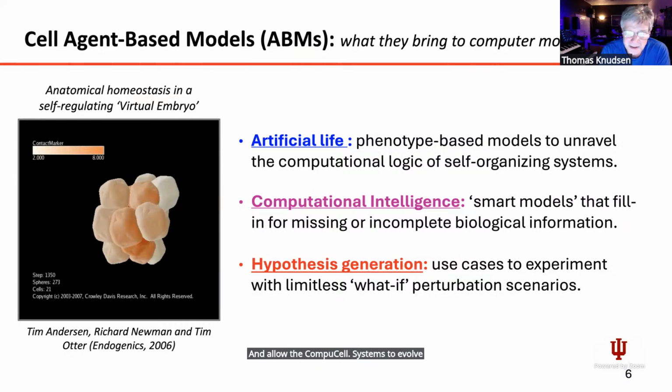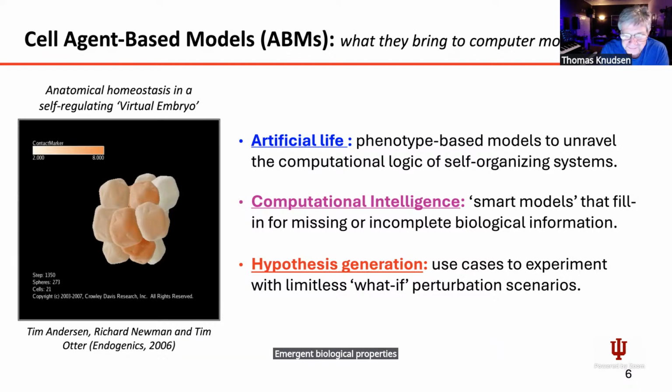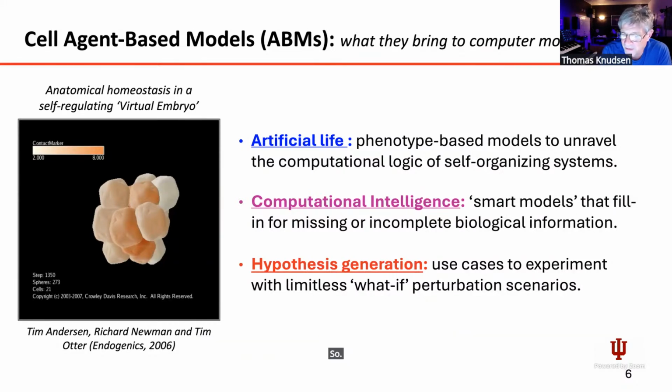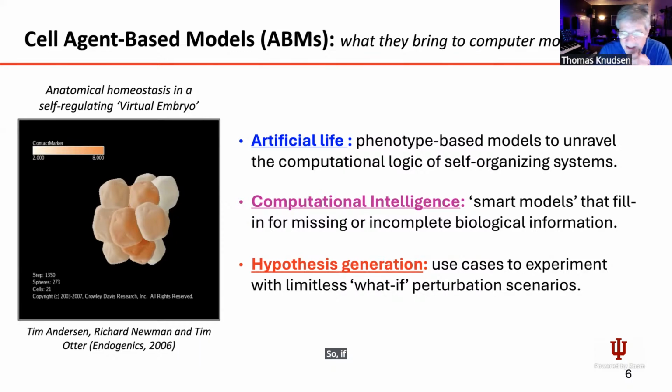And they actually, in many cases, do things that they're not encoded to do, that actually follow emergent biological properties. And we think that they're very useful for hypothesis generation. So I'm going to give you a few use cases, but you can experiment with limitless what-if perturbation scenarios and say, if I perturb this cell or this pathway, what is the impact on the phenotype?